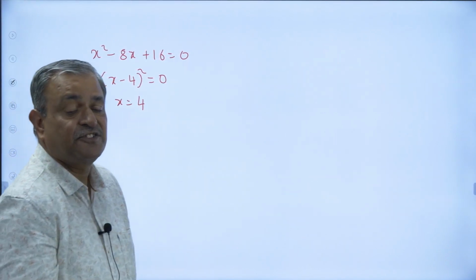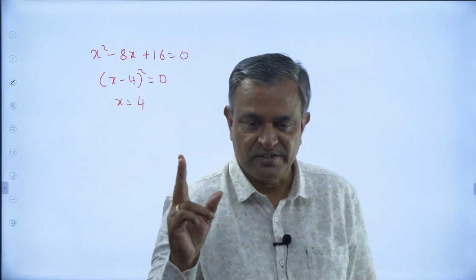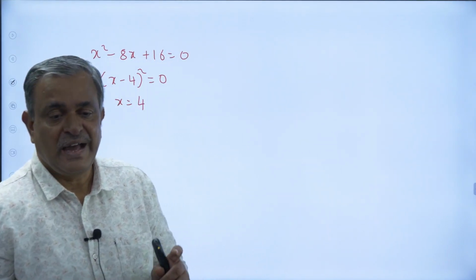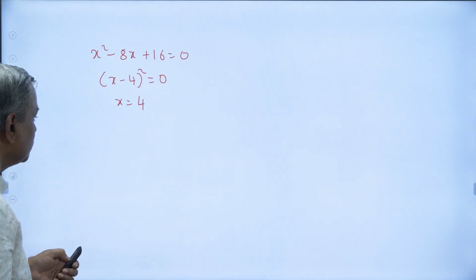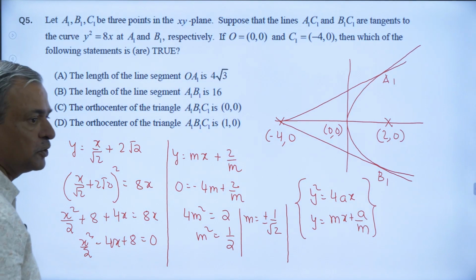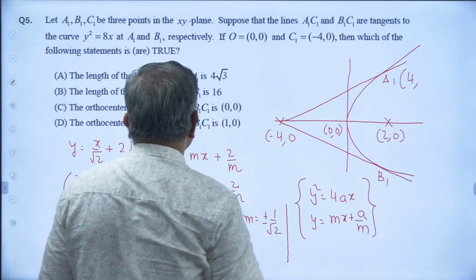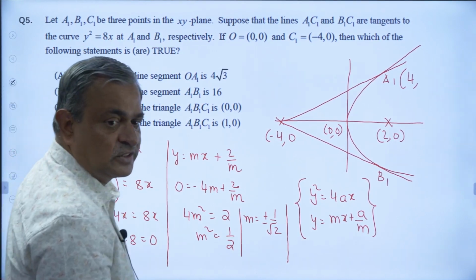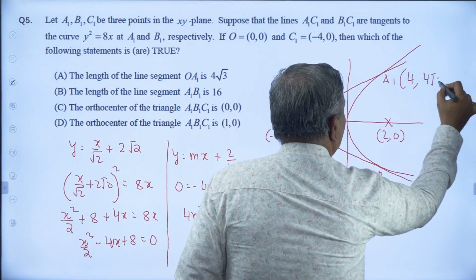Mind it, while solving, if you are not getting both roots the same, it means somewhere you made a mistake, because a tangent touches the curve at only one point. So we got x equal to 4, and y square is 8 into 4, which is 32, so y is 4 root 2.